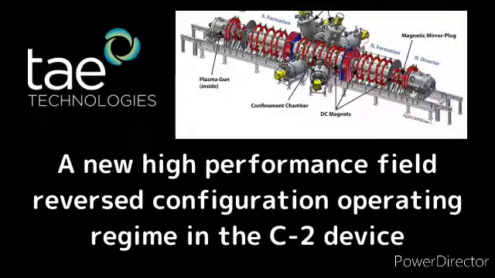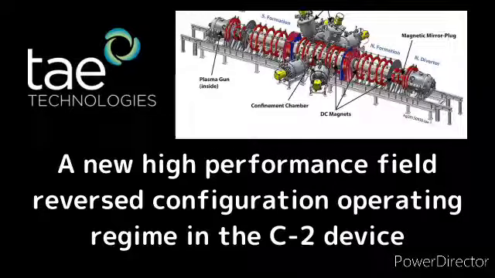Equation 2 suggests that one could obtain alpha smaller than 1 by imposing an inward radial electric field, E_r smaller than 0. Near the separatrix, the n equals 2 mode growth may be suppressed since it occurs for alpha bigger than 1.